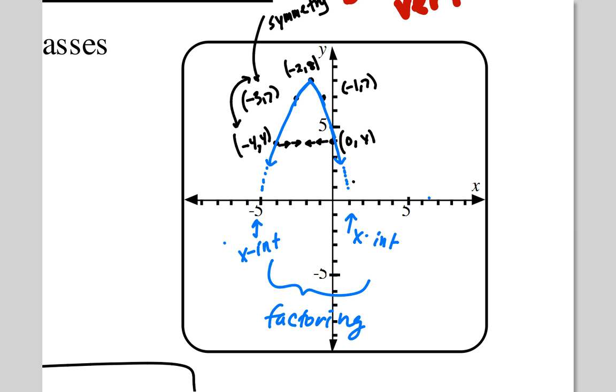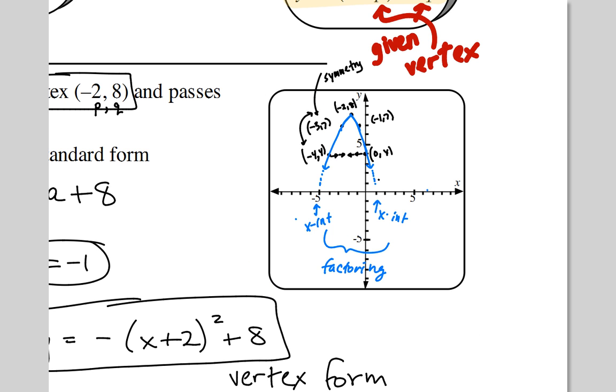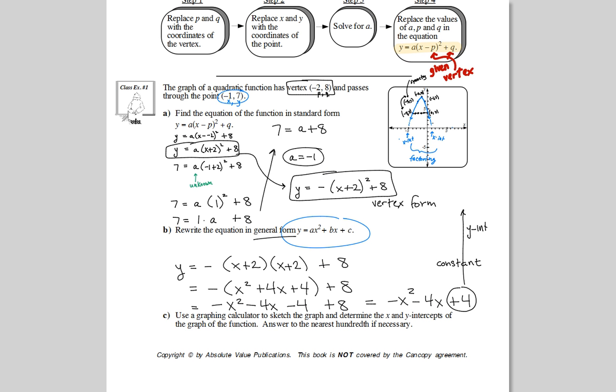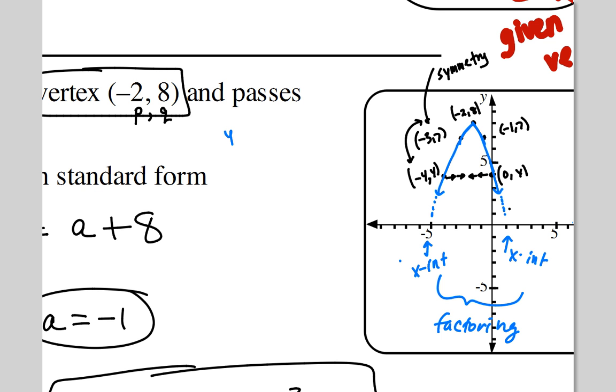I wonder if it's going to be 1 and negative 5. Okay, I'm just going to rewrite it. It was negative x squared, negative 4x, and a positive 4. Was that right? Okay, so let's factor out a negative, and you get x squared plus 4x minus 4.